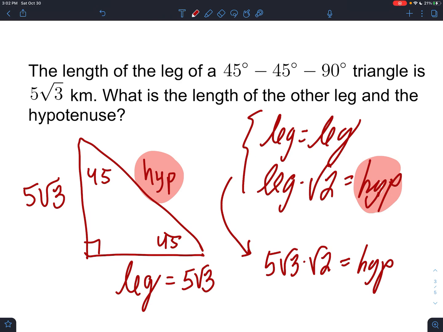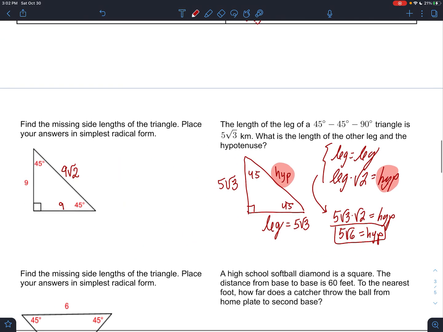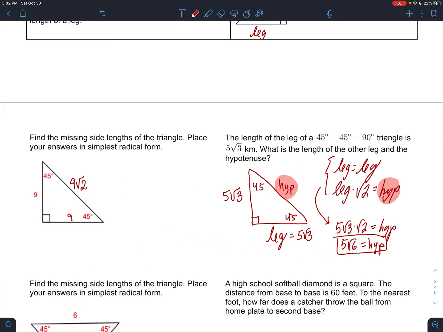Just plug in the leg. And then this can be simplified. We'd rather have 1 square root when we put it in simplest radical form. So we'll merge those together underneath and then we solve for the hypotenuse. Okay? So that's all we're doing, you just got to write the equations and use them.